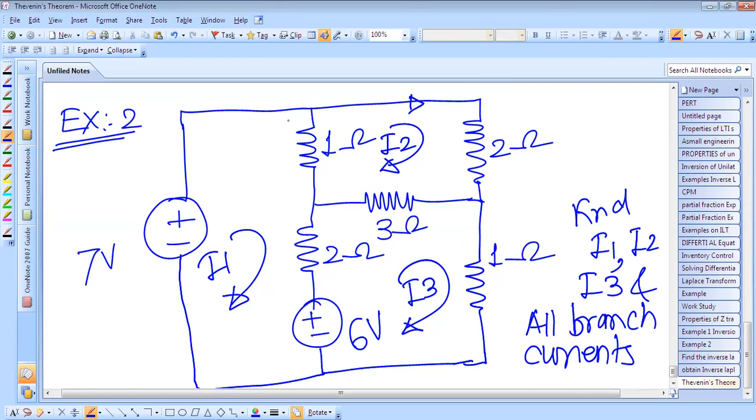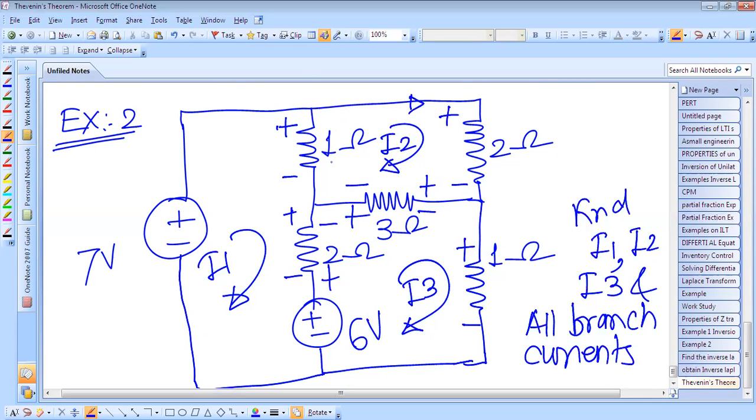So give the polarity to these resistances. This is plus minus, this is plus minus, okay. If you move in this direction, plus minus, plus minus. If you move in this direction now, this is plus minus, plus minus, plus minus.